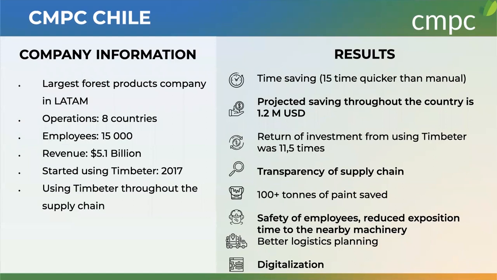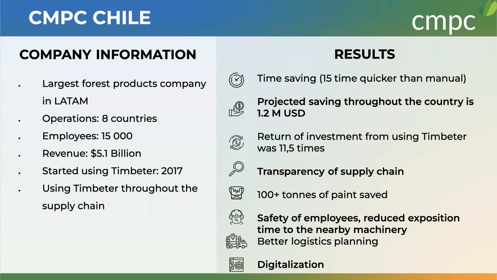Their annual projected saving throughout the country of their operations that use Timbeter is 1.2 million US dollars annually and increasing constantly. Their return on investment from using Timbeter was 11.5 times. With the help of Timbeter, they provided transparency to the supply chain.